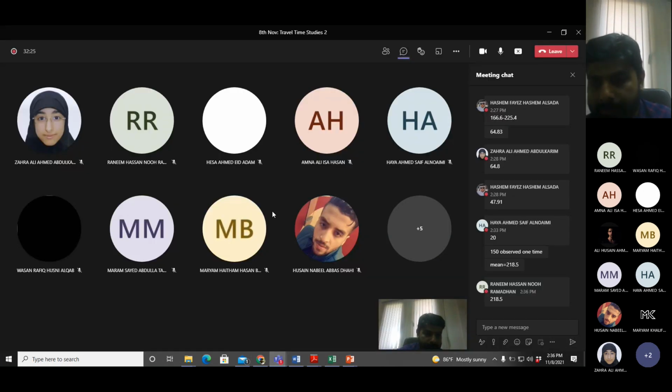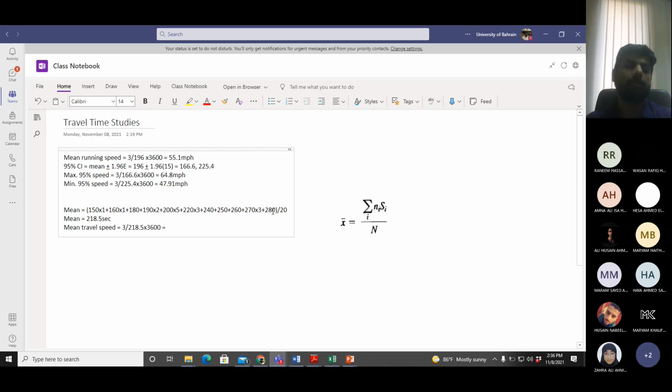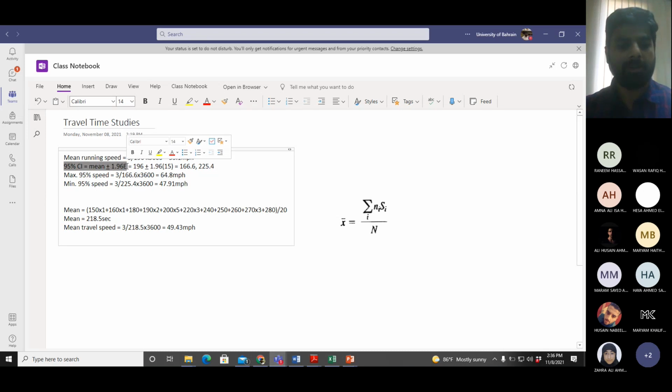How much is it? Mean speed. 49.43 miles per hour. Okay, now I will apply the same equation for calculating the 95% confidence interval.